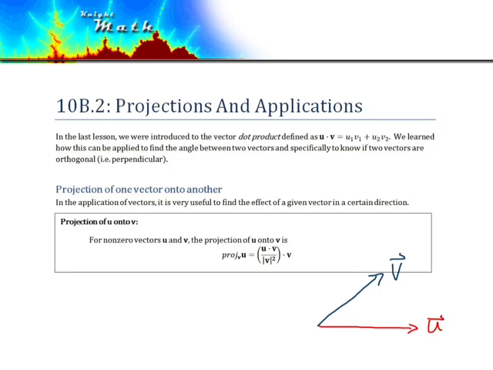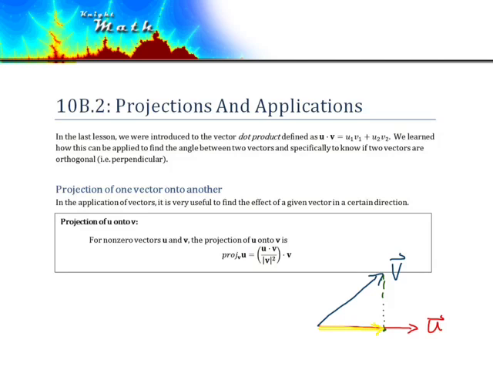So let's see if we can do that. From the head of v, from the arrow, we're going to go straight down to u. And we find this point right here. And graphically, that represents the projection of v onto u.